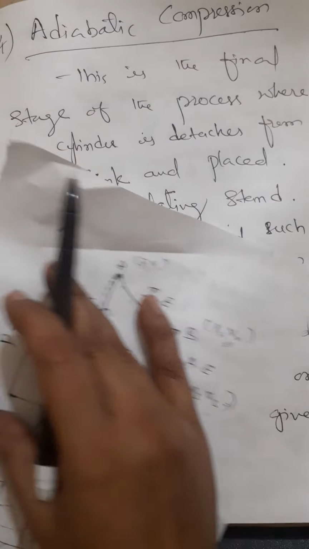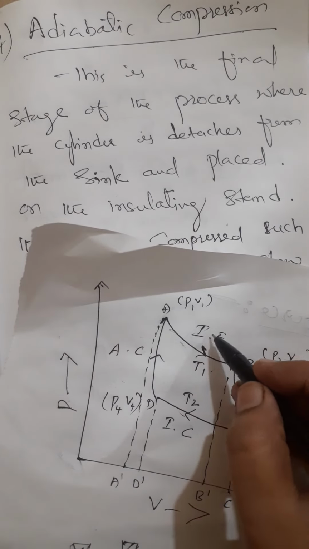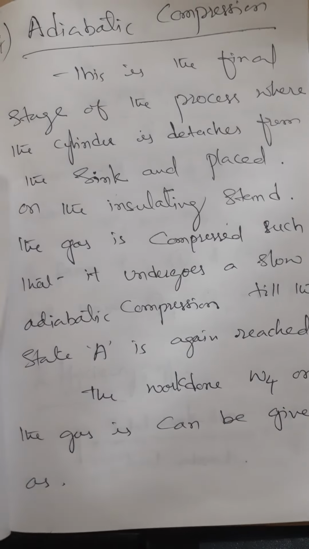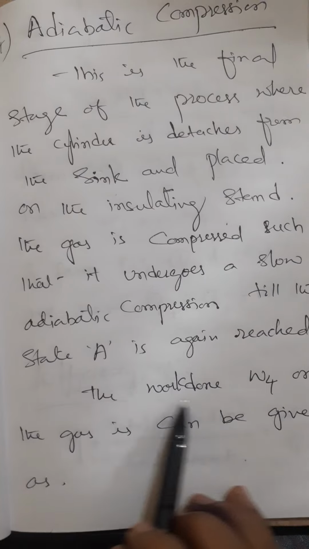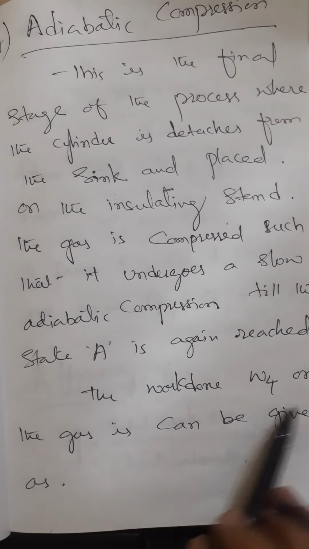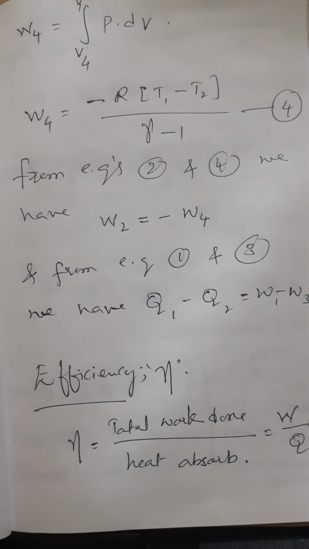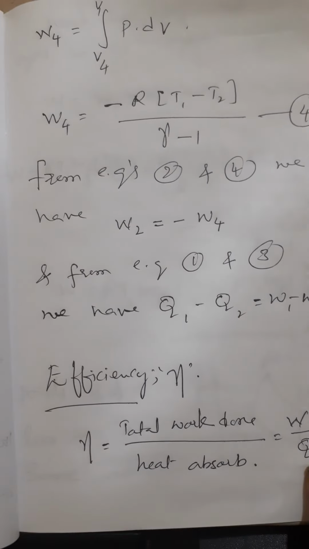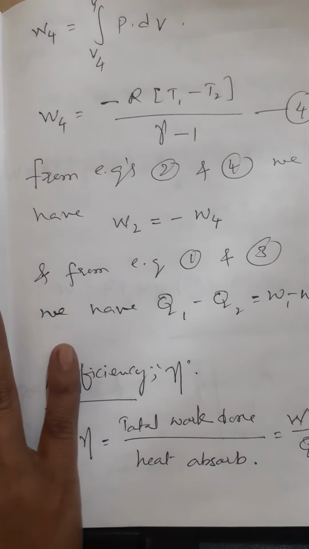We have to bring the temperature from T2 to T1. The work done W4 on the gas can be calculated, and this is also an adiabatic process.